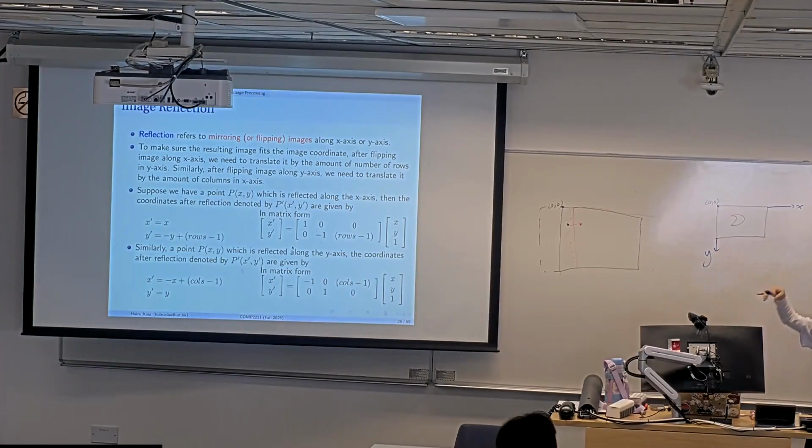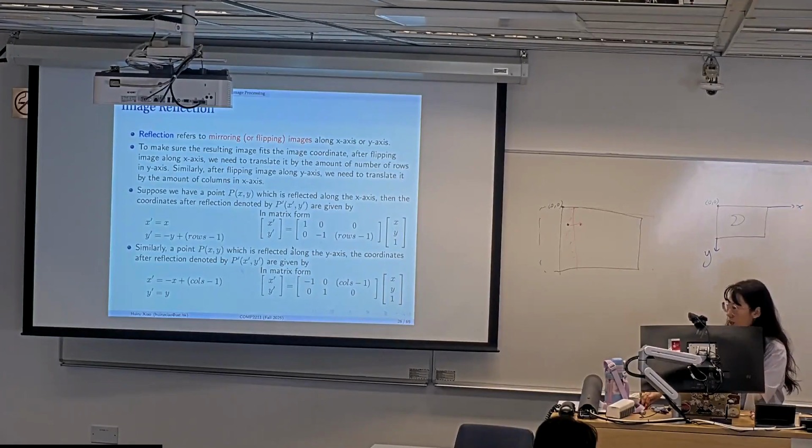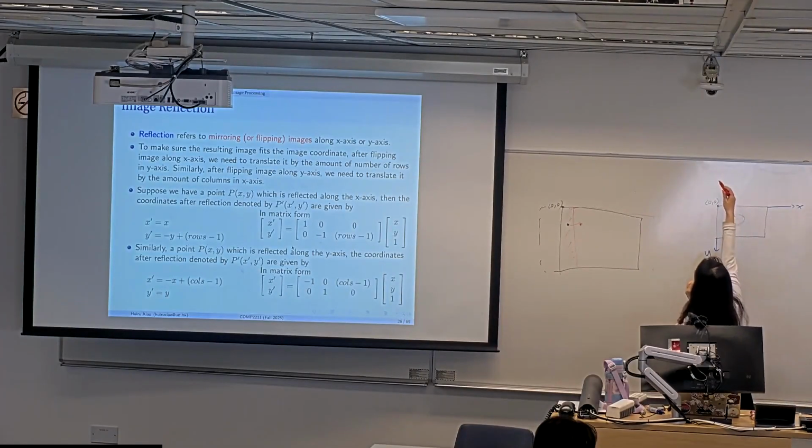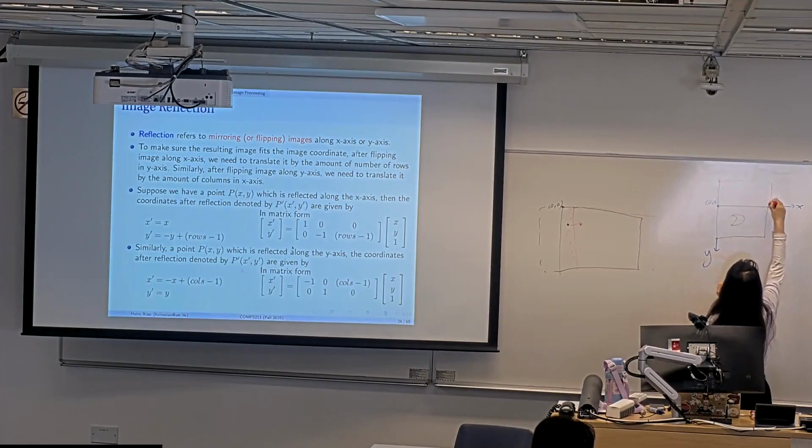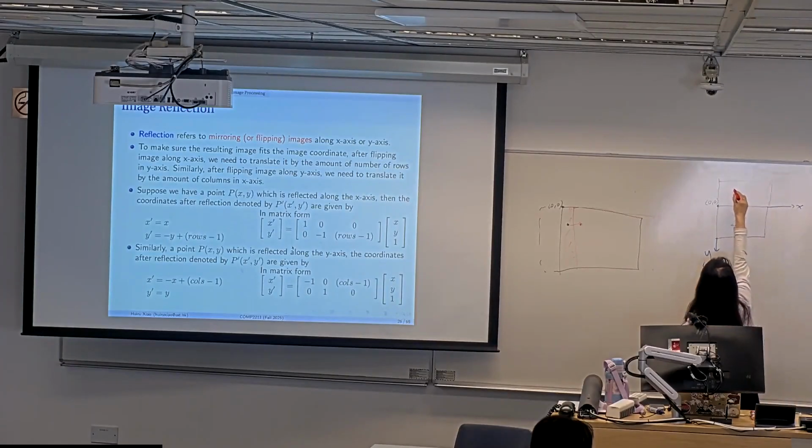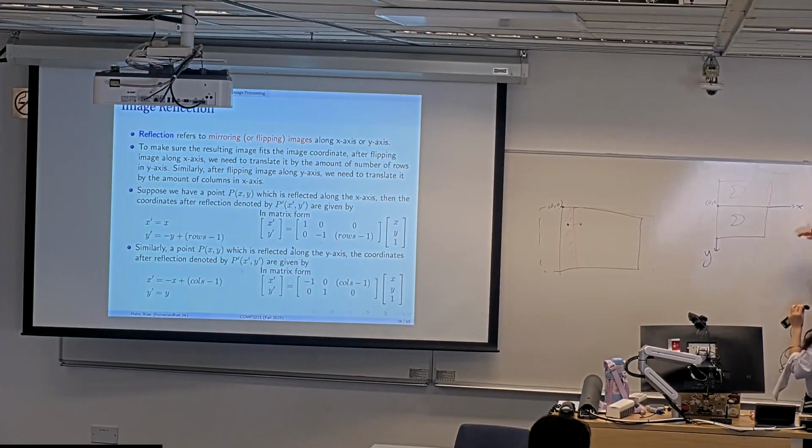And if we want to do the flipping, then the resulting image will become this way. This is a reflection. So this is the reflection along the x-axis.